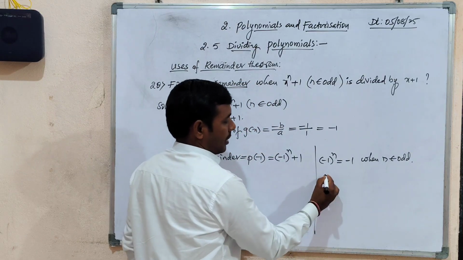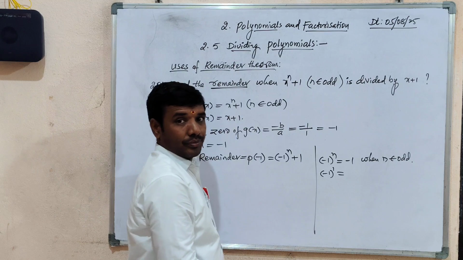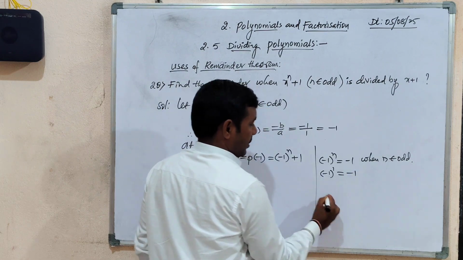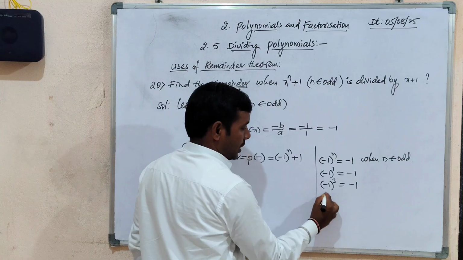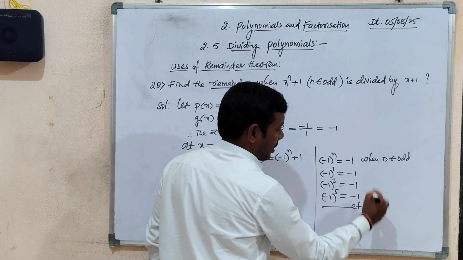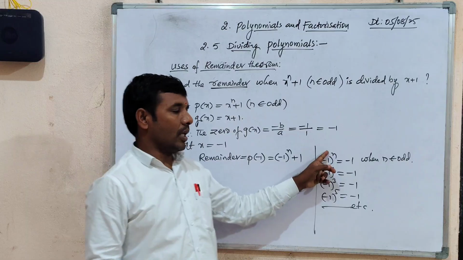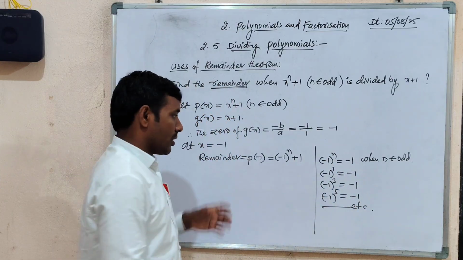Observe: minus 1 to the power of 1, because 1 is an odd number, what is the answer? Minus 1. Minus 1 to the power of 3, answer minus 1. Minus 1 to the power of 5, answer minus 1. In such a way, when n is an odd number, definitely the result is minus 1.